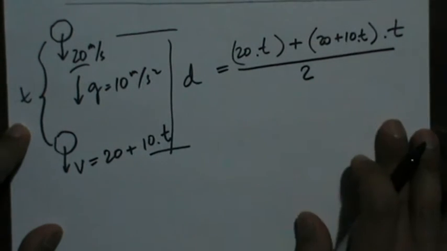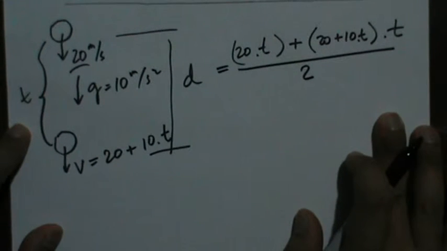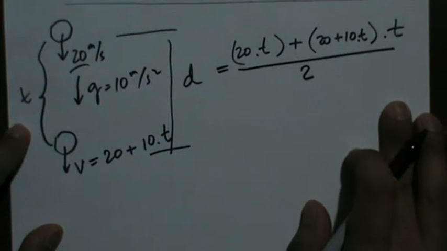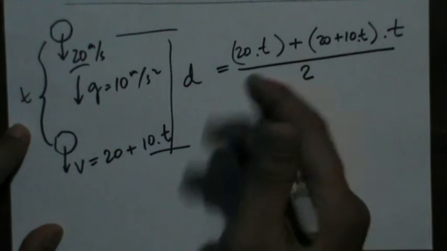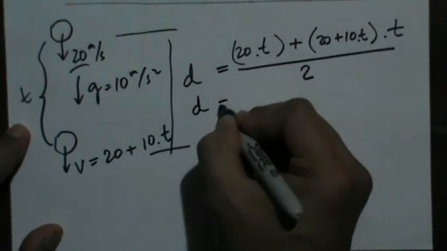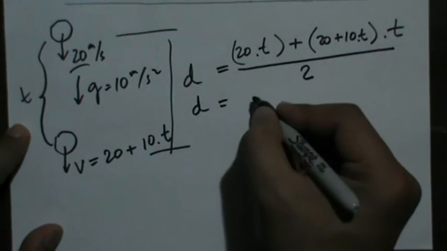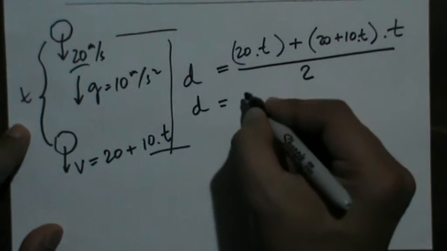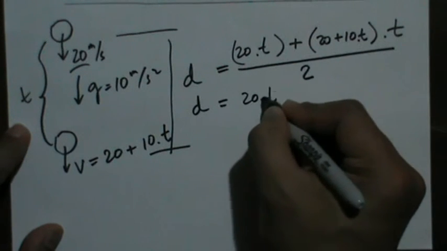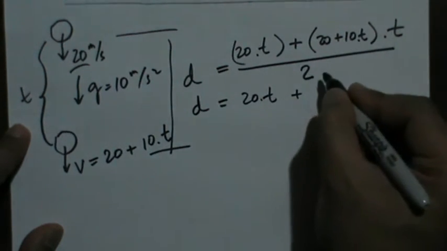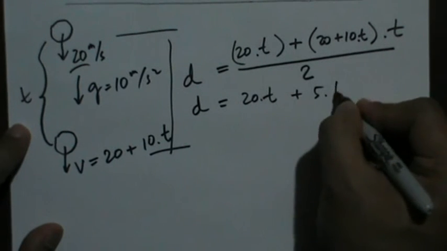So you already learned this previously in the constant acceleration motion, and we get that the distance traveled by this ball is 20 times t plus 5 times t square.